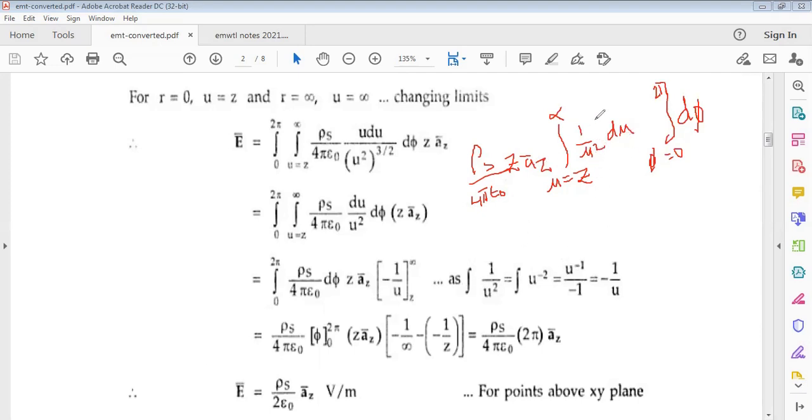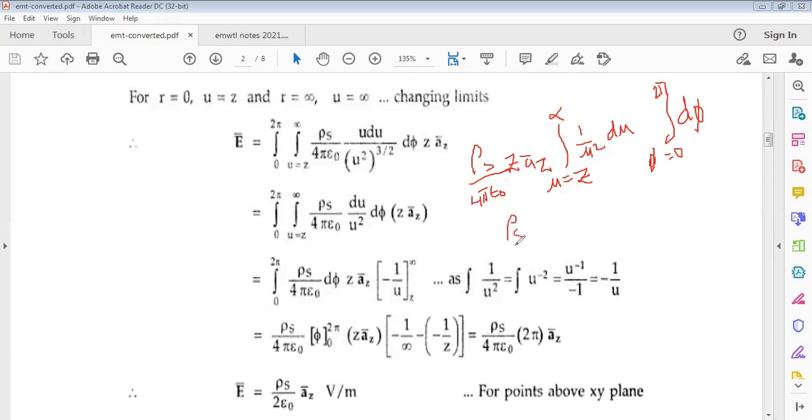So what is the integral of 1 by mu square d mu? Mu square in the denominator is mu power minus 2. So mu power minus 2 plus 1, divided by minus 2 plus 1, gives minus 1 by mu, with upper limit infinity and lower limit Z. And the integral of d phi is phi only, with upper limit 2 pi and lower limit 0. Got it, my dear students?